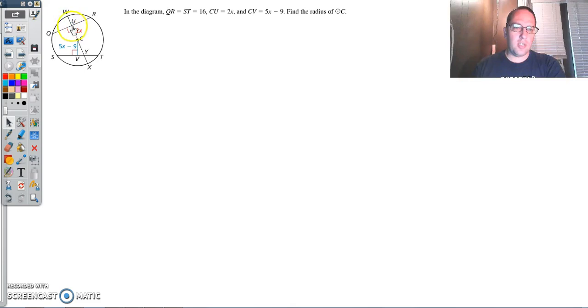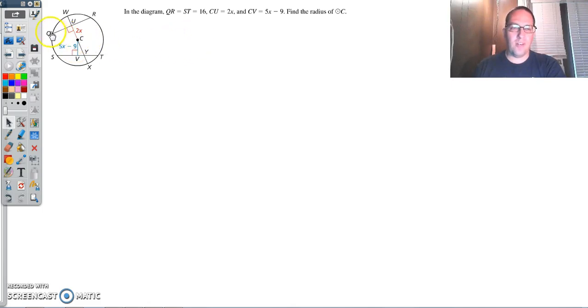One, since this is the diameter and it's perpendicular to the chord here, this is being bisected. QU and UR are congruent. And second, since the two chords are the same length, QR and ST, they're the same distance from the center, so UC and CV are congruent.